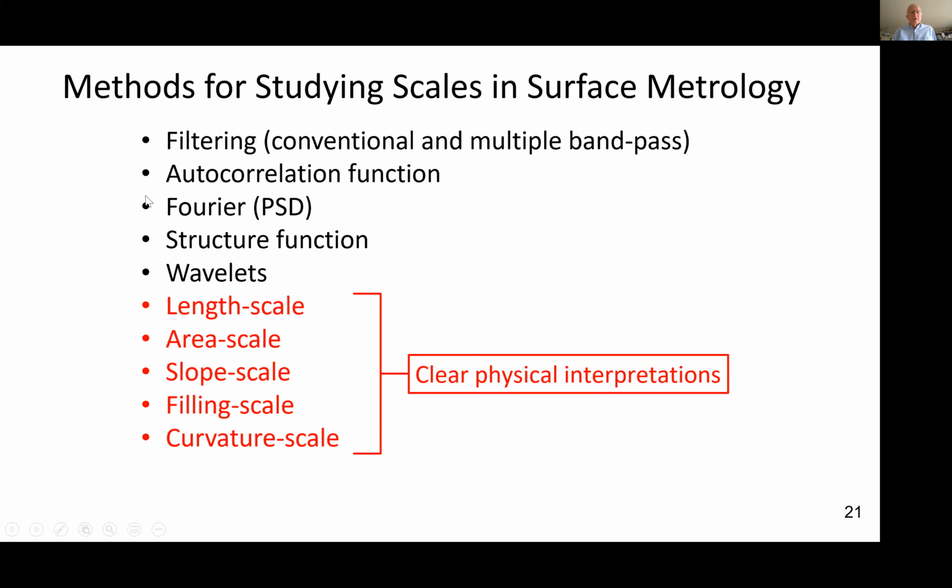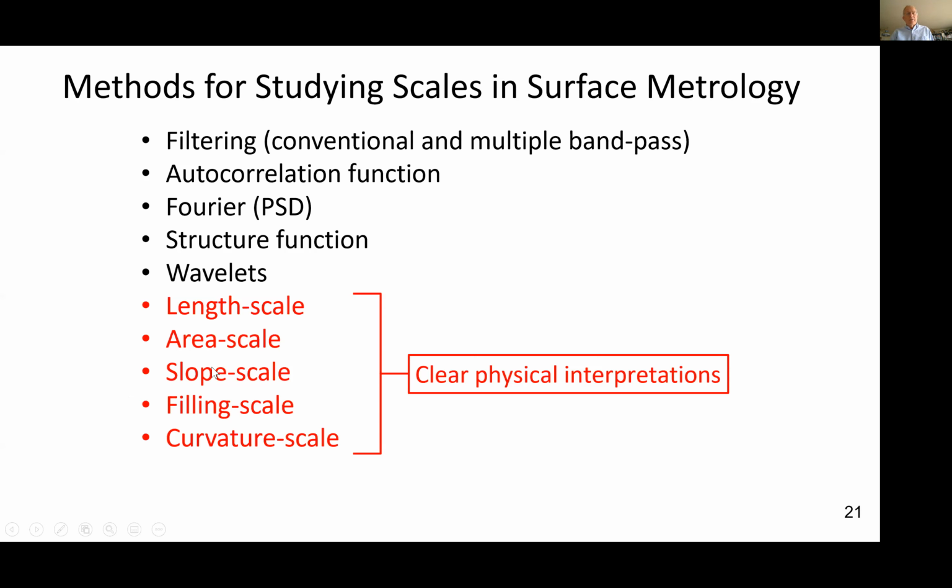Autocorrelation function, Fourier, structure function, and wavelets are all ways that we get from mathematics, and they're convenient because they're included in lots of software packages. So there's really no sweat. You just take your measured data and put it into some mathematical package, and you can put this stuff out. The things that these are lacking are clear physical interpretations. So these were all largely developed at WPI.